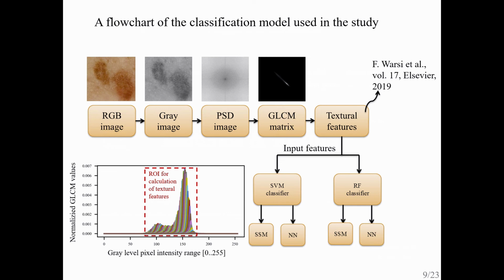We just focused on the region of interest for the calculation of textural features, in terms of simplifying the pre-processing step. We didn't use any lesion segmentation. We only considered the whole slide images in terms of evaluating the classical ABCD rule, 3-point checklist, and 7-point checklist that include asymmetry, color, regressions, atypical network structures, etc.